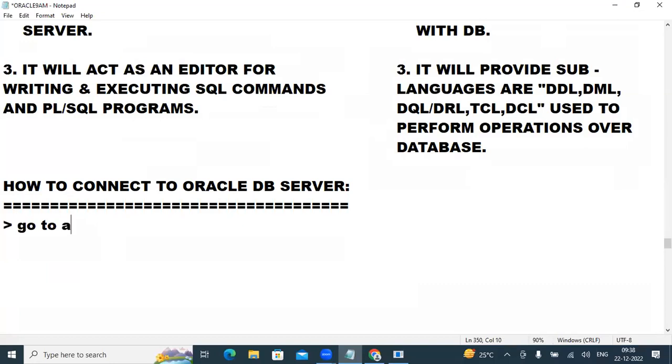First, go to All Programs. Next, go to the Oracle_OraDB19Home1 folder.